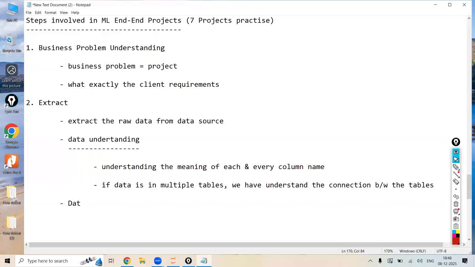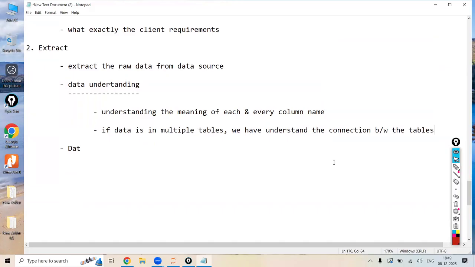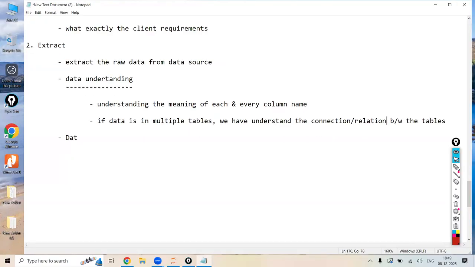If data is in multiple tables, how is each data connected to each other? What is the connection between them? What is the relation between them? We have to understand the connection or relation between the tables.